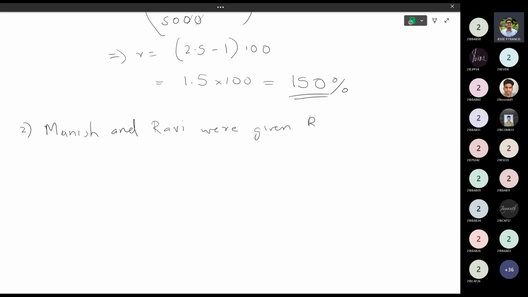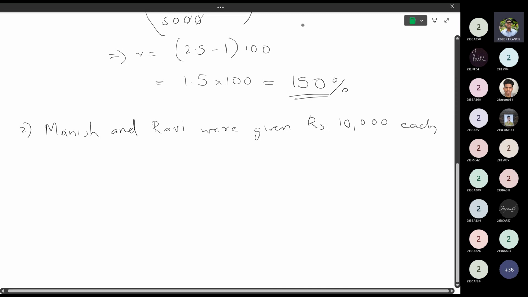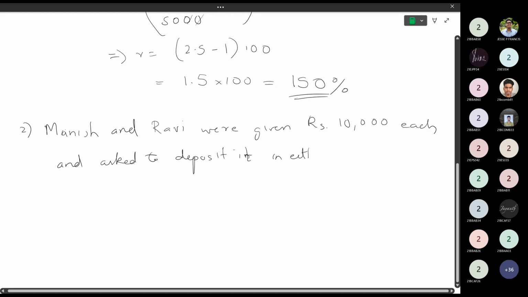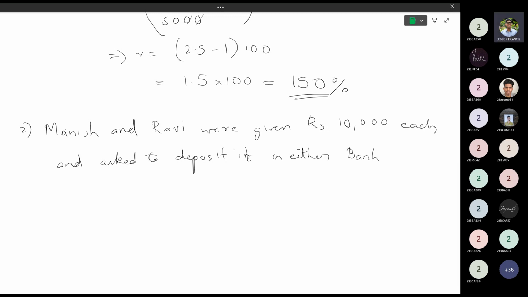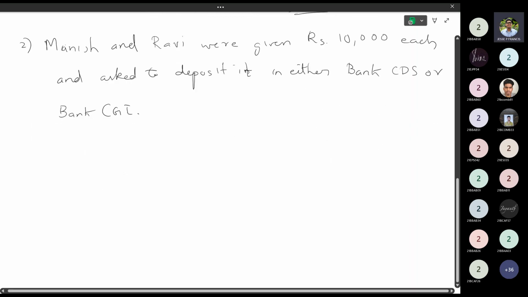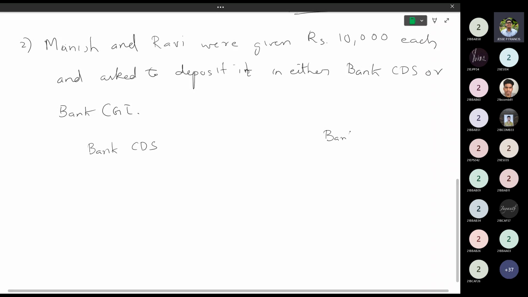Manish and Ravi were given rupees 10,000 each and asked to deposit it in either bank CDS or bank CGI. Now, this is a table: bank CDS and bank CGI.